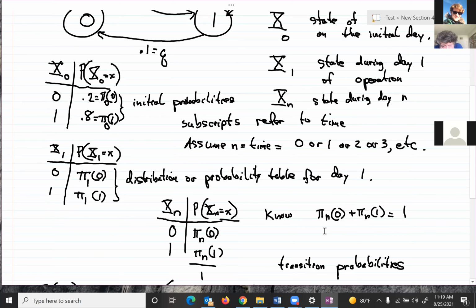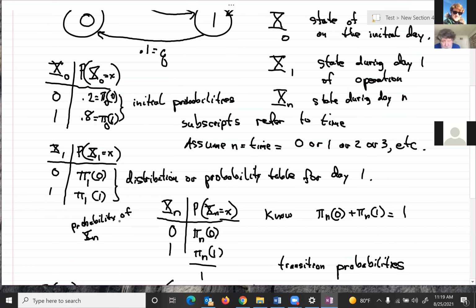Okay, so those are the distributions or probabilities. And those are the, what would we call these? Give this a name, the probability table of xn, or sometimes called the distribution of xn.